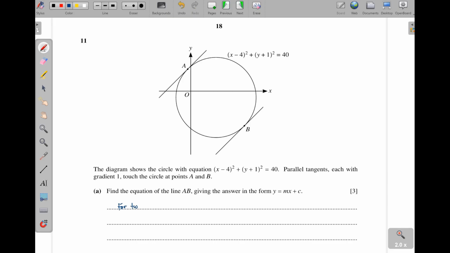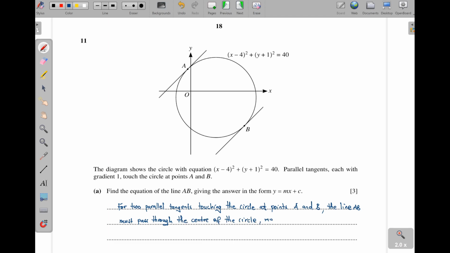For two parallel tangents, for these two parallel tangents touching the circle at points A and B, the line AB must pass through the center of the circle.